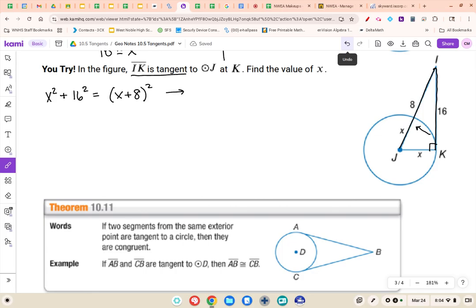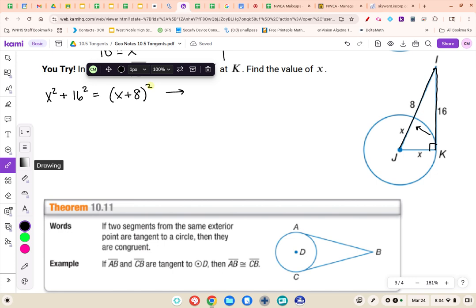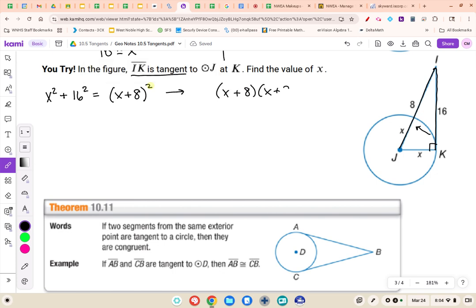Same as last time, since we have this little 2, we're going to write that factor out twice, and then we are going to FOIL. Remember, FOIL is just an acronym. It stands for first, outside, inside, last.